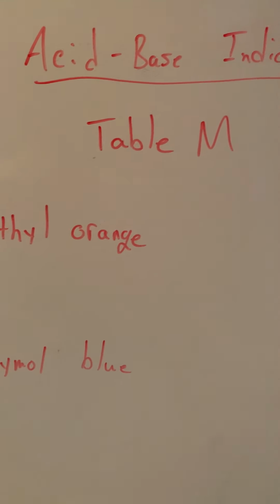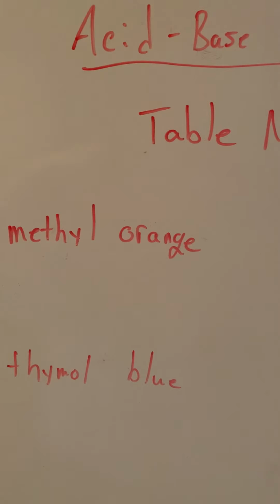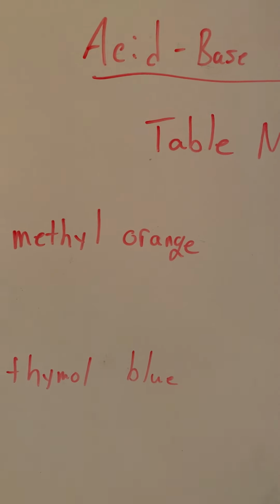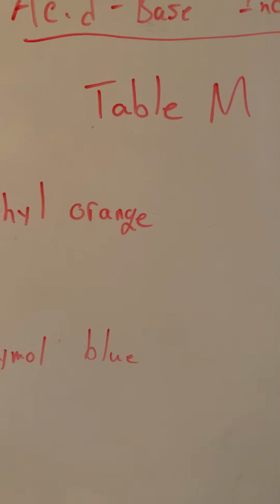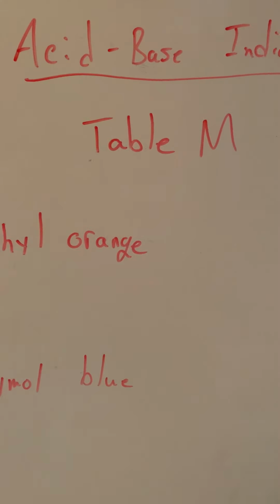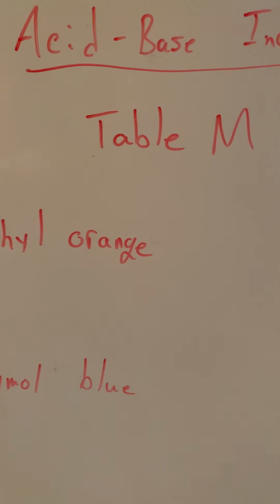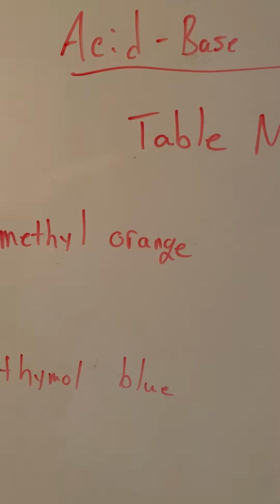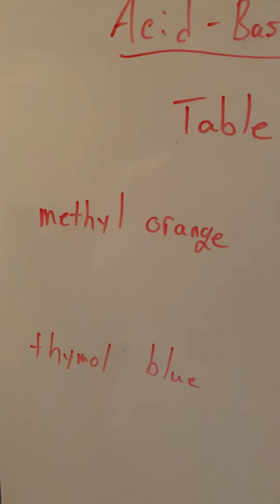What these things do is that they have different colors depending upon pH. As you learned, pH measures how acidic or basic something is based on the concentration of H plus, right? Which turns into the hydronium ion, which tells us how strong acids are or potentially how strong bases can be.